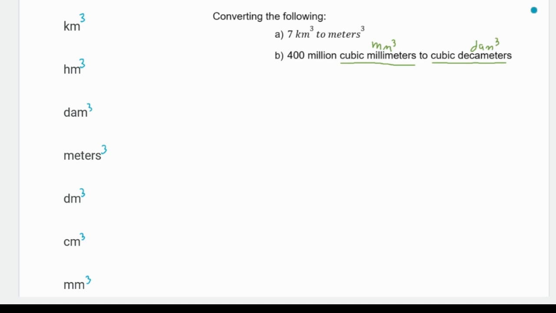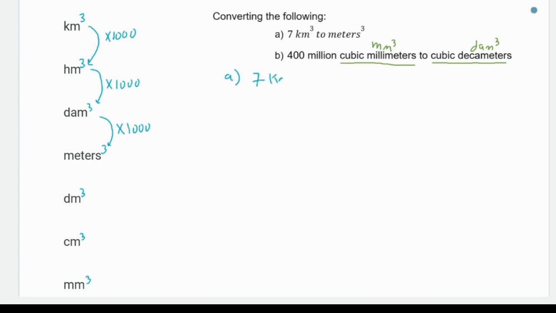Okay, I'm going from kilometers cubed. I go down one step to hectometers cubed, one step to decameters cubed, one step to meters cubed, because it literally tells me we're going from kilometers cubed to meters cubed. And for each step, I'm going to multiply by 1,000 once, twice, and a third time.